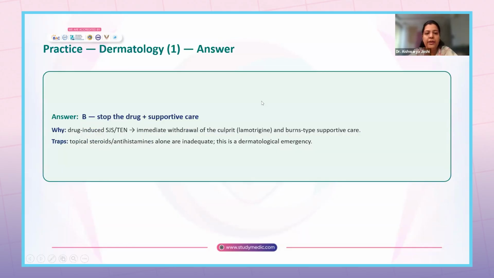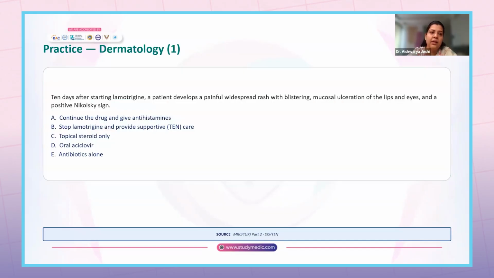It is drug-induced SJS or TEN. The treatment is immediate withdrawal of the culprit drug and treating it like a burn. Topical steroids or antihistaminics are not adequate. They are used in allergies. This is a dermatological emergency. Nikolsky sign refers to shearing or tearing of the skin when lateral pressure is applied.